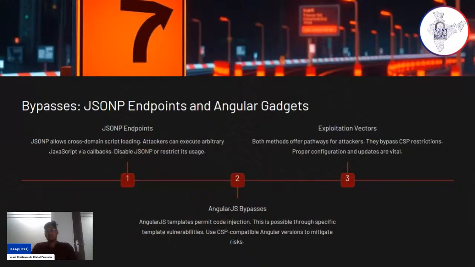So AngularJS leads to three types of critical vulnerabilities: first is cross-site scripting, second is client-side template injection, and third is server-side template injection. That is why, if the backend is using AngularJS, we need to implement CSPs and also use secure coding. Exploitation vector: both methods offer a pathway for attackers to bypass CSP restrictions, so proper configuration and updates are vital.